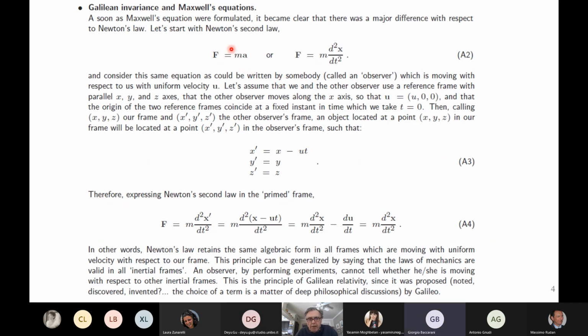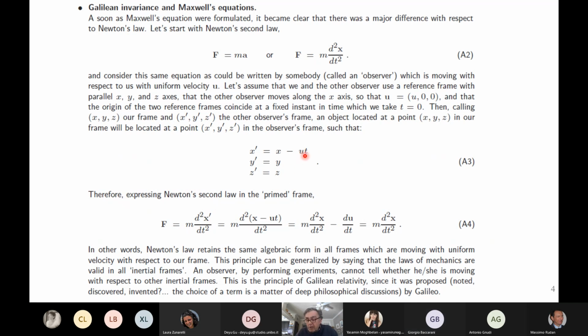And this equation is indeed invariant if you move with some velocity u with respect to another observer, which also uses the same equation to express things. And that's because we have a second derivative, so if we move at constant velocity with respect to one another, the second derivative dies and this u disappears.